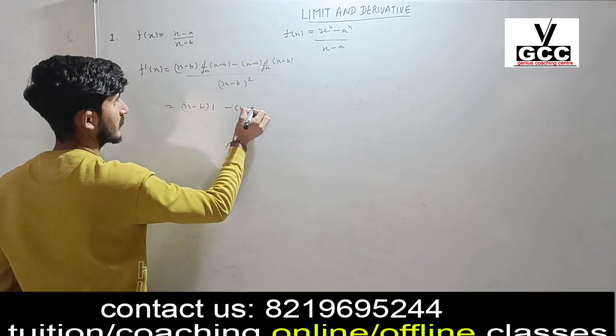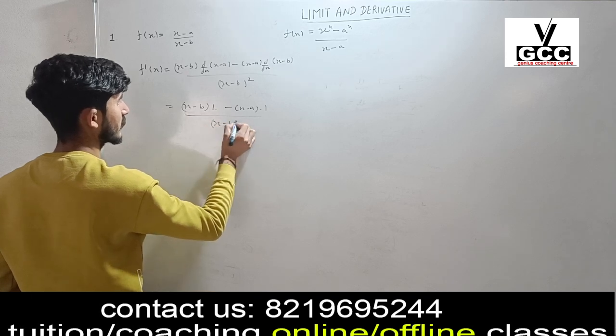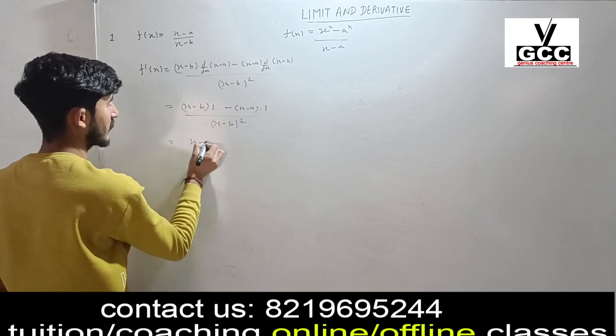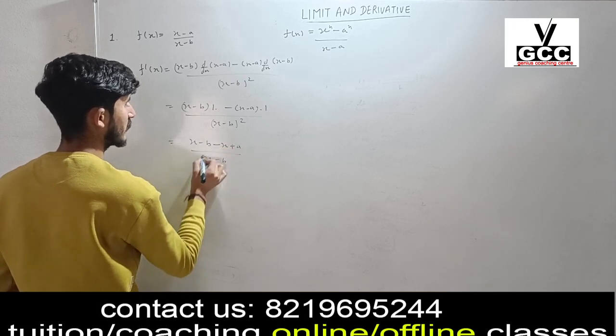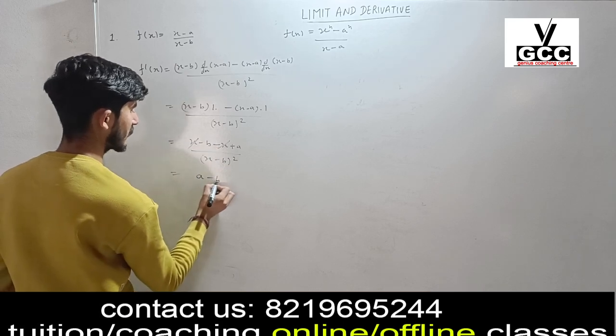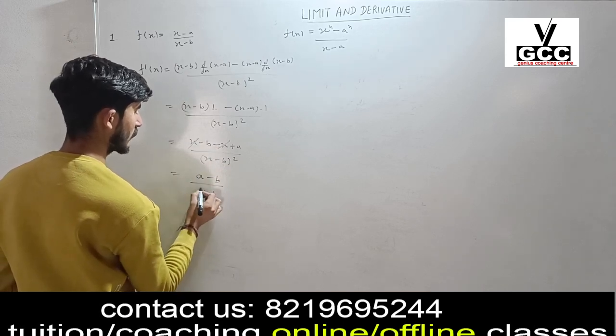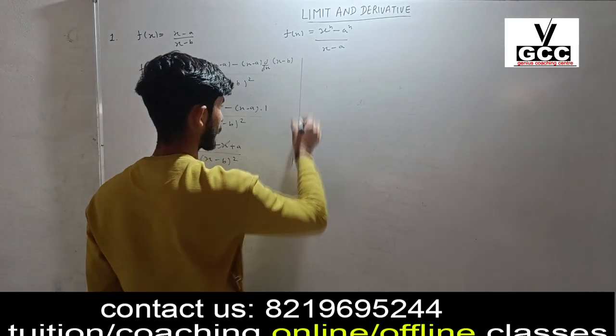Derivative of x minus a is equal to 1, minus x minus a, derivative of x minus b is equal to 1, whole upon x minus b whole square, that is equal to x minus b minus x plus a whole upon x minus b whole square. x के साथ x कट जाएगा, हमारे पास बचेगा a minus b upon x minus b whole square, that is the required answer.